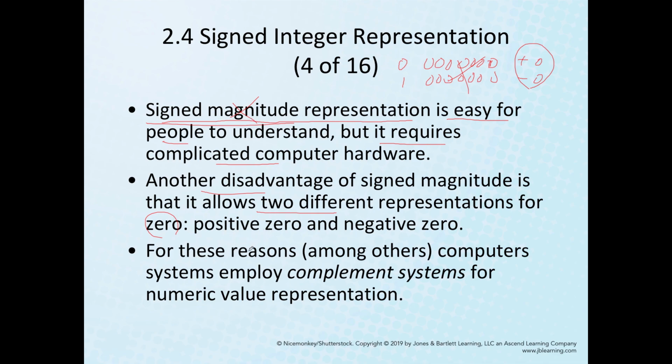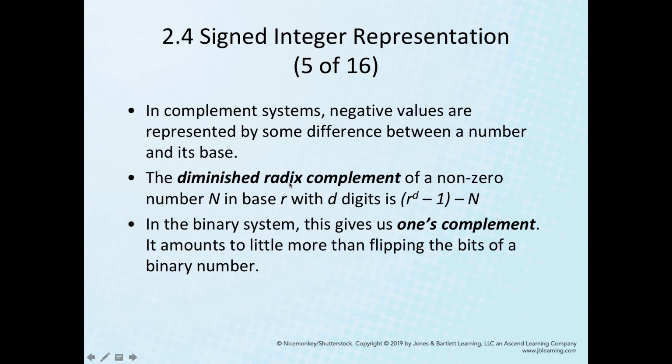For this reason, in actual computing systems, we use a complement system. In the complement system, we have two ways of doing so. The first one is called diminished radix complement.